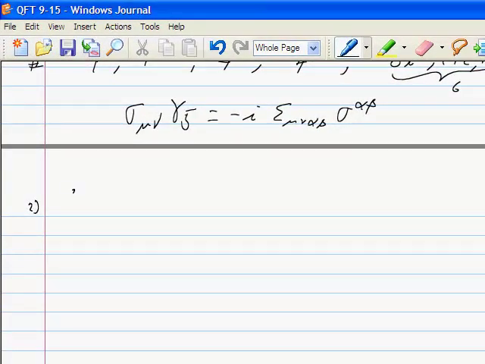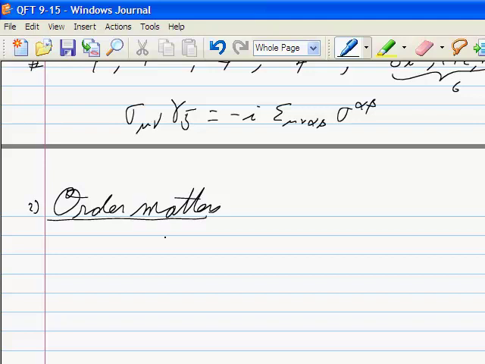Thing number 2 in this is that the order counts. One of the most common mistakes that novices make when they're writing out Feynman rules with fermions is to stick the gamma matrices in the wrong places. So let's do 2 examples. I'm going to do one, and then I'm going to have you guys do one.